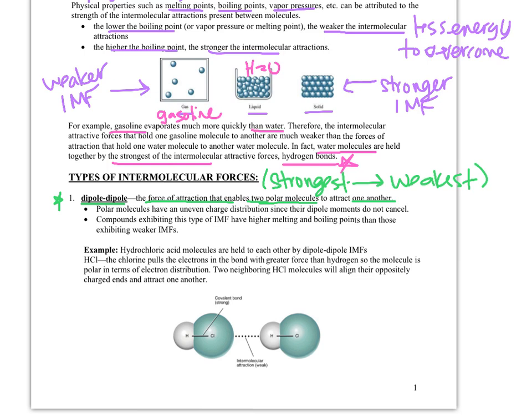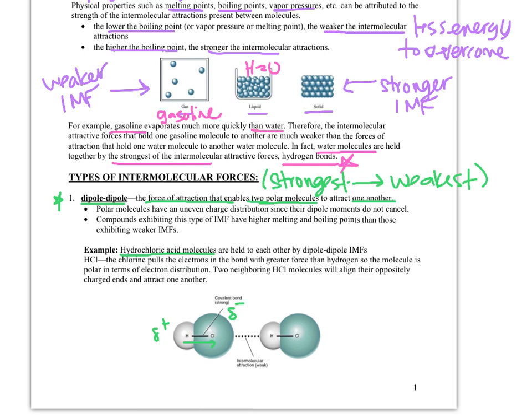So you can kind of see down here in this example below, we've got hydrochloric molecules. So I've got HCl. When we look at what's going on in terms of the attraction, we know that the chlorine is more electronegative. So therefore, the chlorine gets a partial negative side and the hydrogen gets a partial positive.